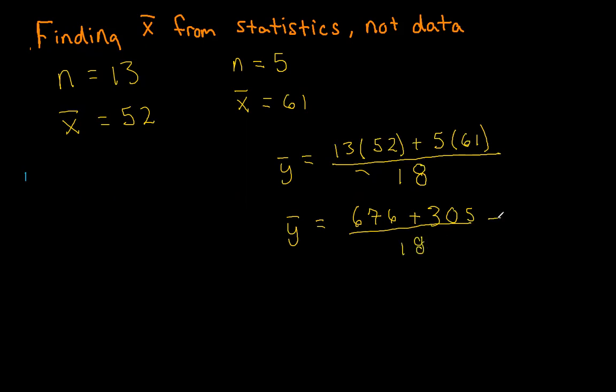Just trying to make this a short video, so let me hurry up and do this. So 676 plus 305 divided by 18 would be 54.5. If I pulled these two results together, the new mean would have been 54.5. Like I said, short, easy to do, but just something I certainly wanted to cover with you.